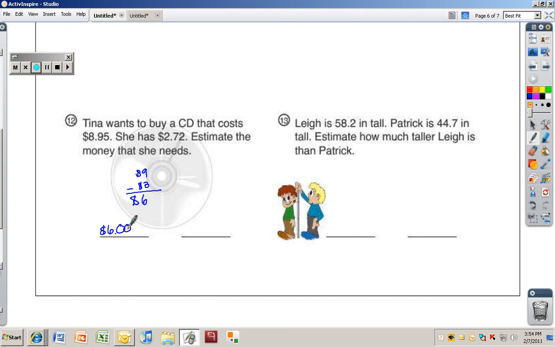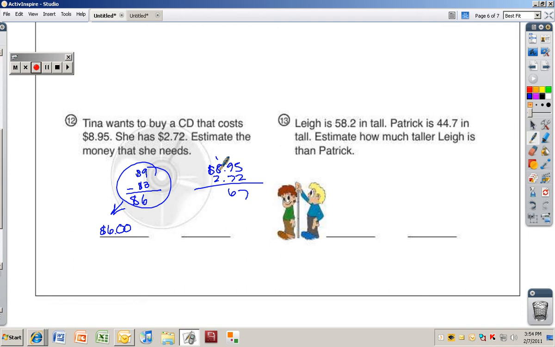Okay, now figure out the exact answer to see how close that estimation is. Okay, so this one is quickly. Seven, one. You're adding them? Oh my goodness.